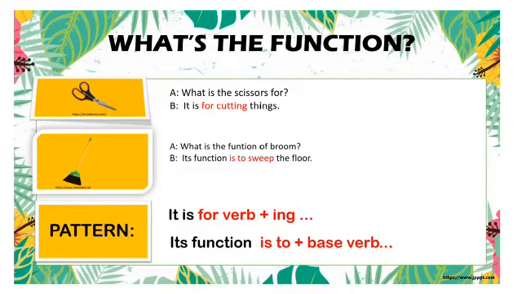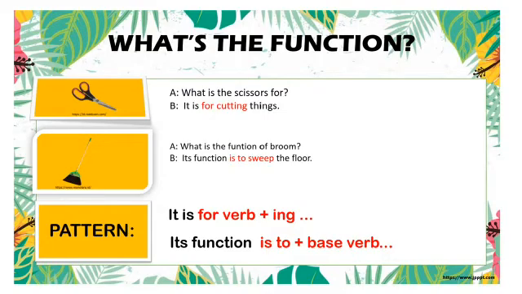And then its function is to, followed by a base verb. So you can use two patterns when you want to state the function of the things that you can find at your school.